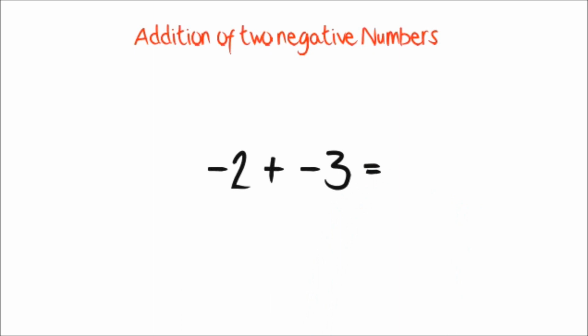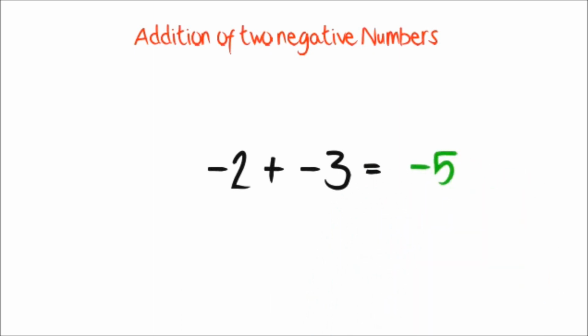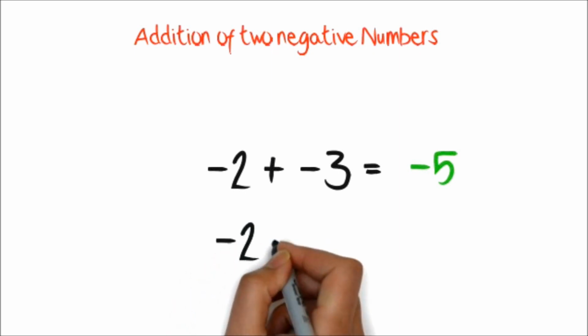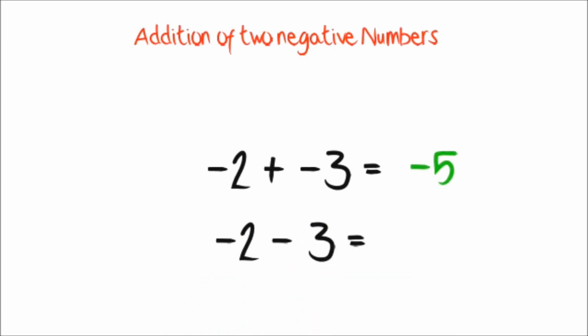I'm sure you had -5. Again, you remember that -2 plus -3 could be written as -2 minus 3. The plus negative is minus.